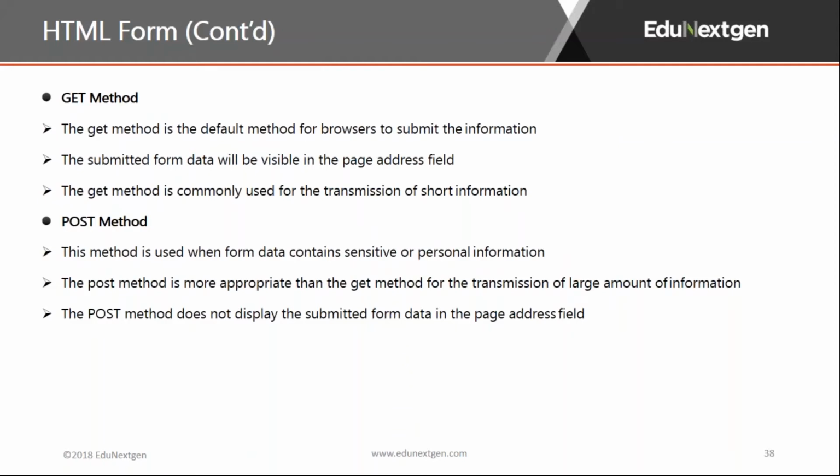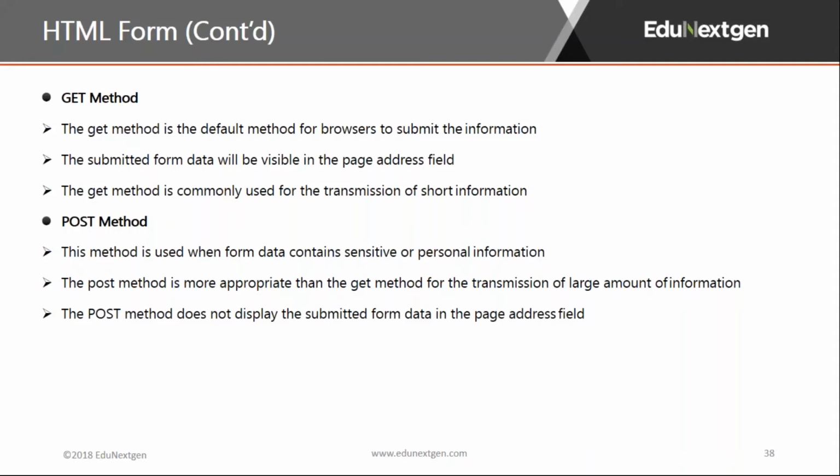So why do we require get and post methods? The get method is used when we have a small amount of data, and it is visible in our web browser, in our web address. It is used for short information. If we want to search something, like when we are googling, we see that the request is present in the address bar of the browser, so anyone can easily see what data is going through the get method.